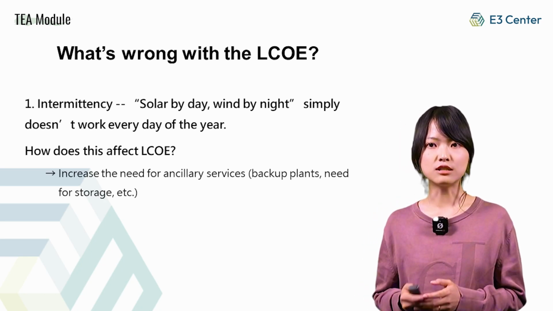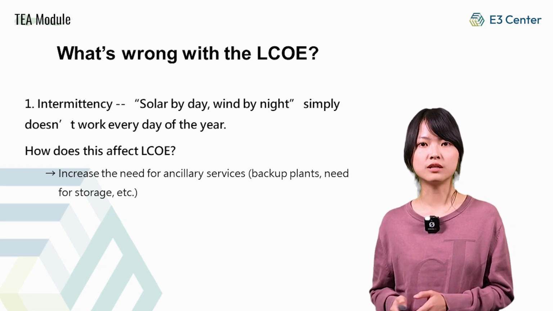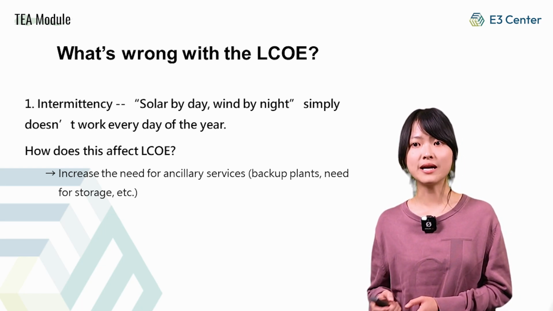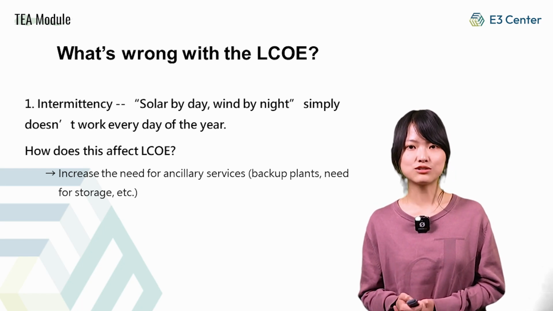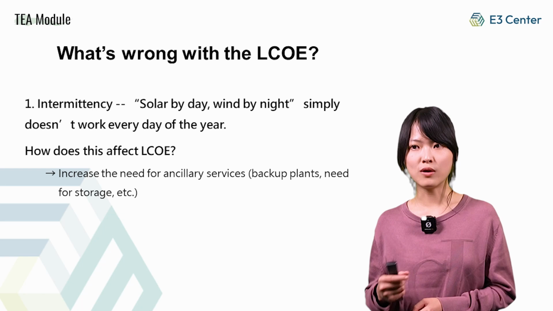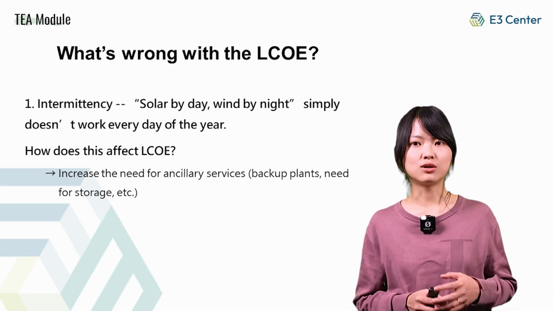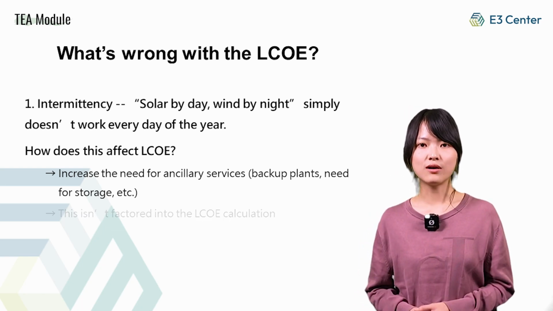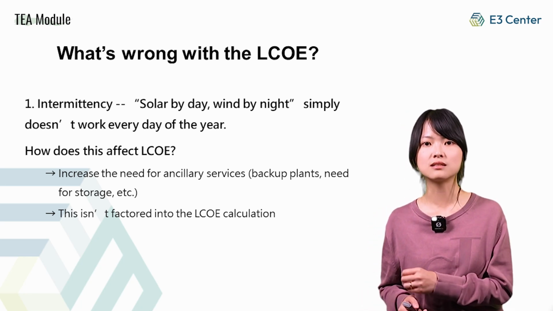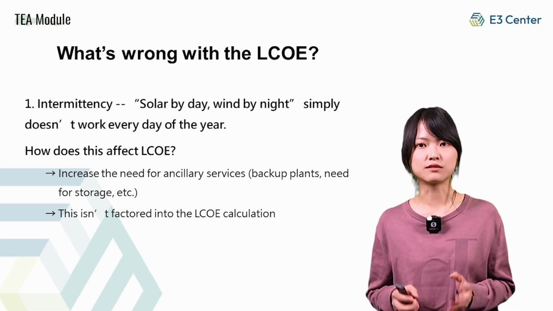Such an intermittent nature of solar and wind energy will increase the need for ancillary services. These include backup power plants and energy storage systems that can quickly compensate for when the sun does not shine or the wind does not blow. However, conventional LCOE calculations do not always factor in the cost of these services.